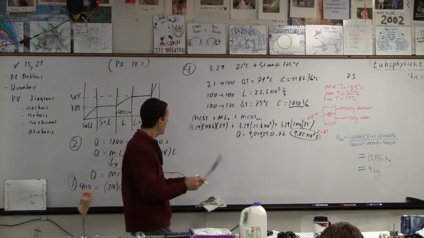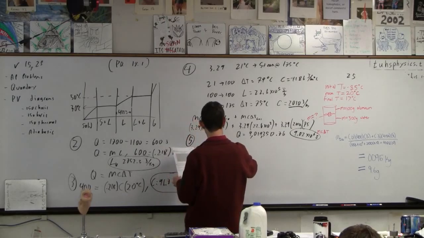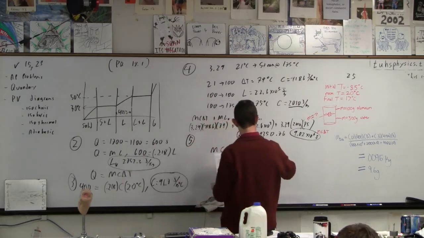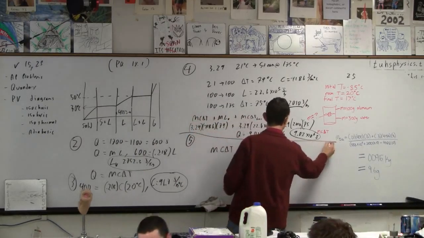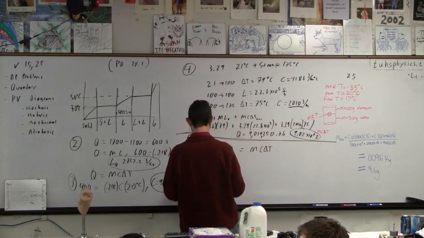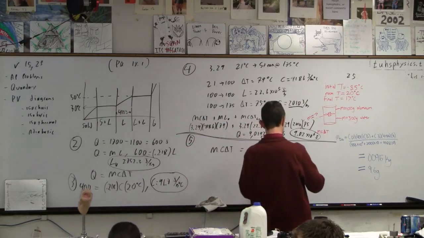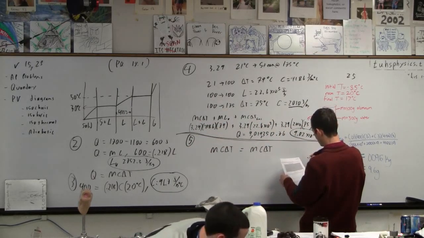And then number 5 is going to be Q hot equals Q cold. There we go. It is mixed with water, a mystery liquid.